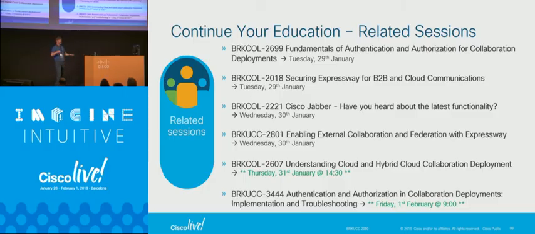It goes into a lot more detail around a lot of that hybrid stuff that we talked about, in particular the calling and where we're going direction-wise with that. And then some advanced stuff around OAuth, authentication, and a lot of the nuances and details around the OAuth token, the refresh token, some of the fast login and what that whole thing is meant to do. That's another good session. That's tomorrow morning.